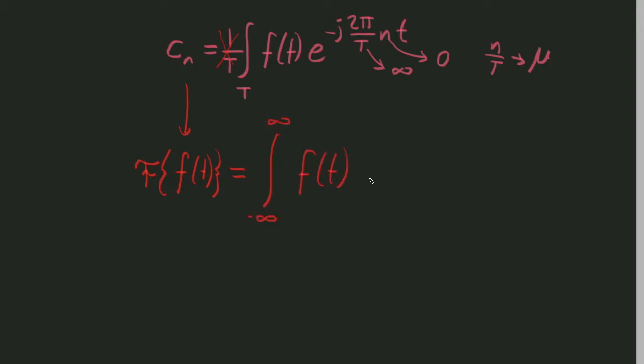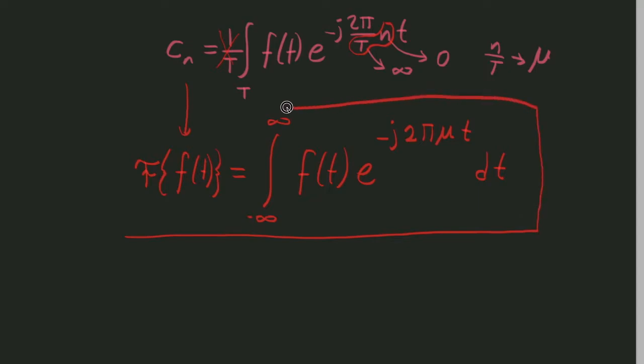F of t times e to the minus j 2 pi mu times t dt. And this is our formula for Fourier transformation, not the Fourier series expansion.